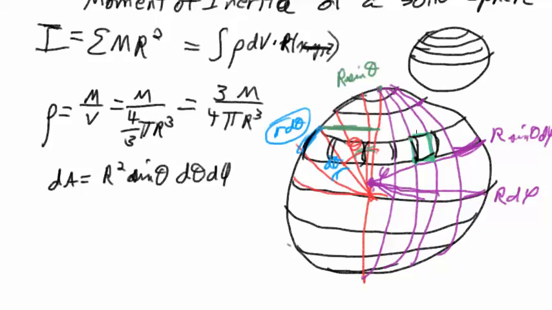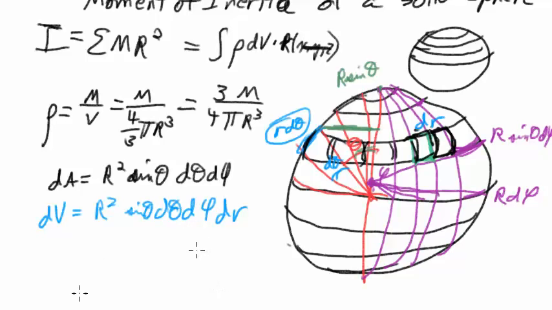And then we're going to have that square go a little bit into the sphere, so it'll be a little cube there with a depth of dr. So we're going to say that dV is r squared sine theta d theta d phi, and then we multiply that by our little dr. And so that's our differential volume element. The only thing I'm going to change is that I'm going to make those lowercase r's to represent a variable.